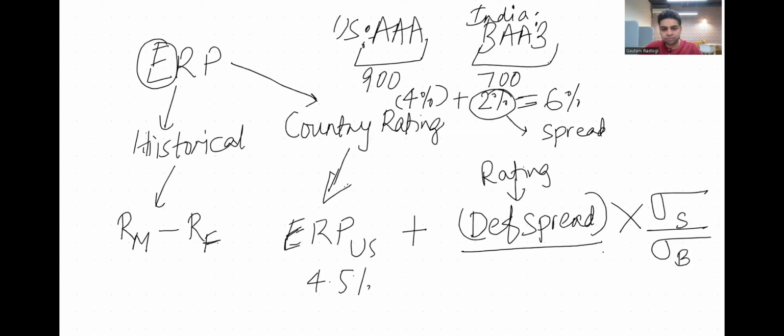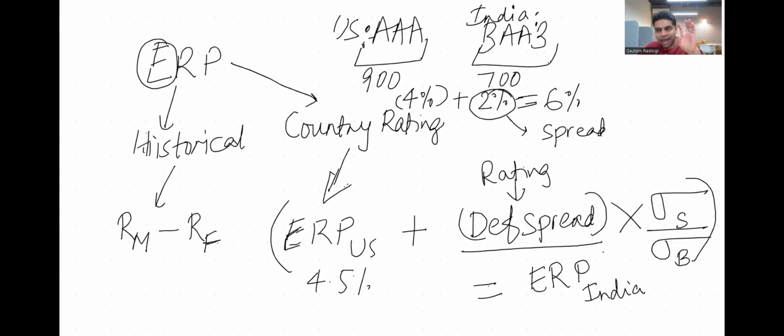These two parameters combined give you the equity risk premium for the Indian market, or any other market for that matter, whichever default spread you are taking. Hope this was clear.